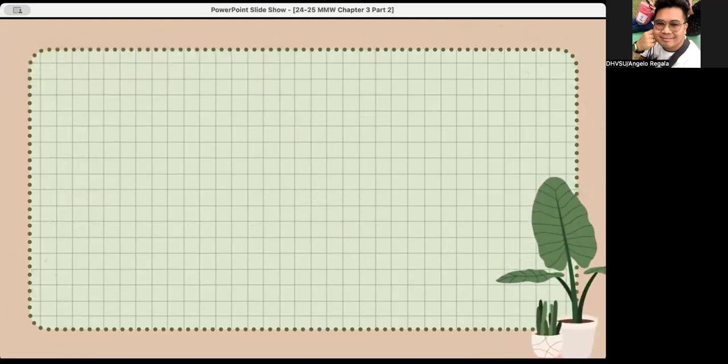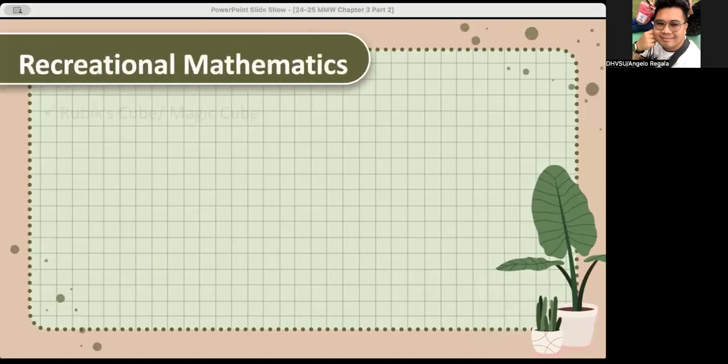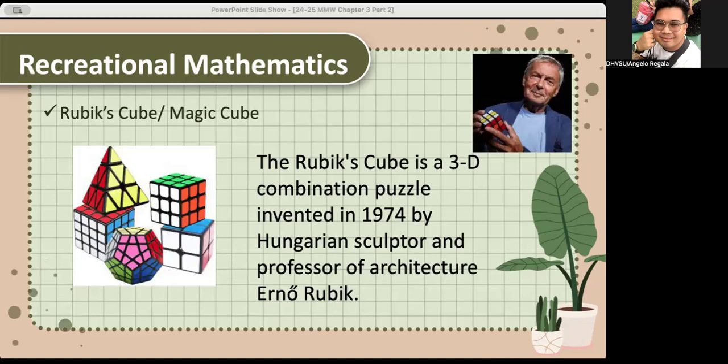We're probably all familiar with the Rubik's cube. It was named after a Hungarian professor of architecture, Erno Rubik. It's a 3D combination puzzle invented in 1974.